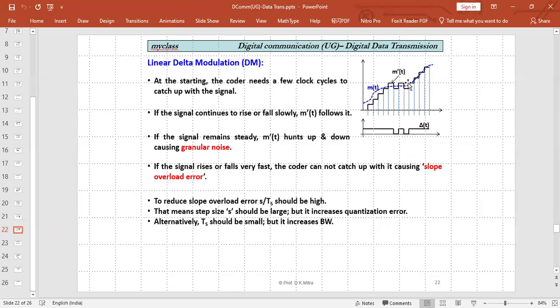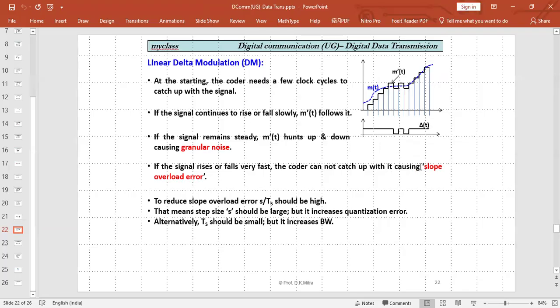And say that S is 1 millivolt. And say each time step is 1 millisecond. Then what is the slope you are allowing? 1 millivolt per millisecond. If the signal rises faster than that or falls faster than that, then you will have a problem.